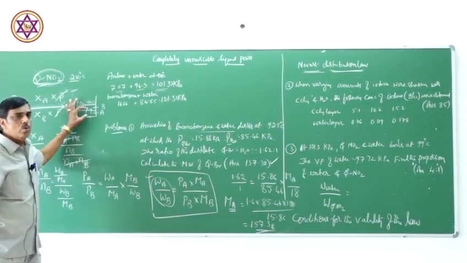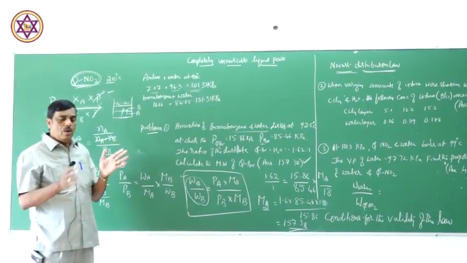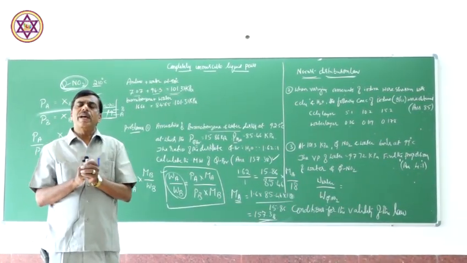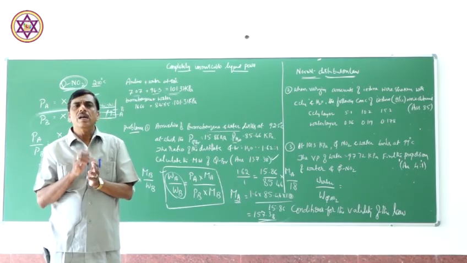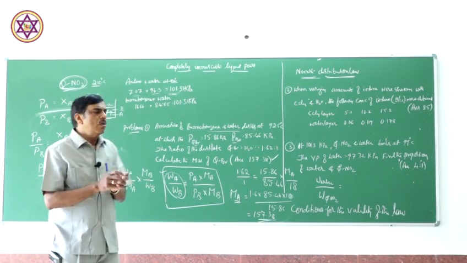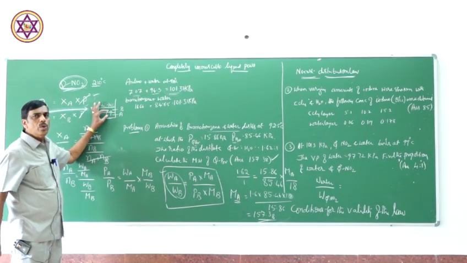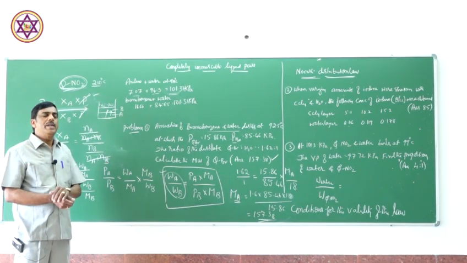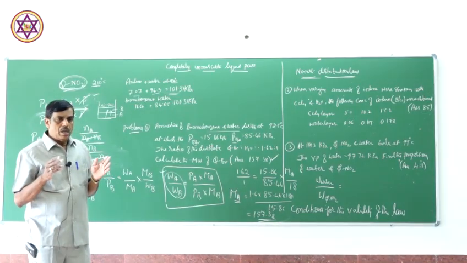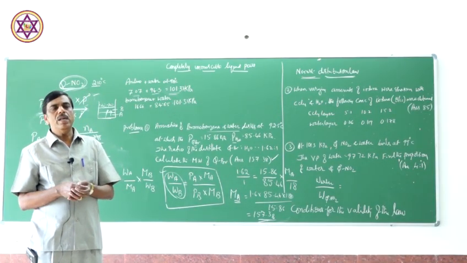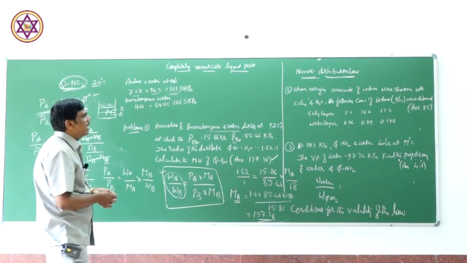Now, we have these two completely immiscible liquid pairs. Now, we shall discuss what happens if a solute is added to these immiscible liquids. The solute is soluble in both the solvents, but the amount of solubility will be different in each.